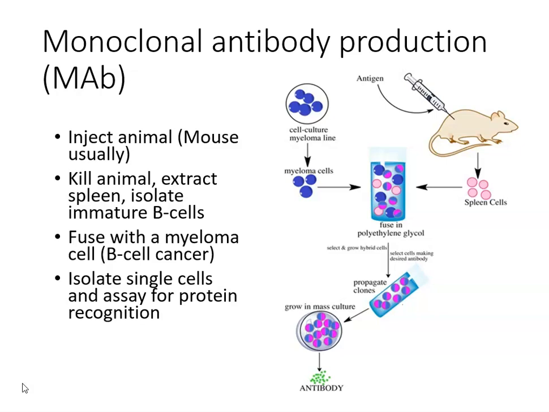If they do, we can propagate those cells that make that antibody and grow them permanently long term, and then produce that antibody en masse, and we can scale that up to produce milligrams of protein and effectively unlimited supplies of that protein, although it is a very expensive process.